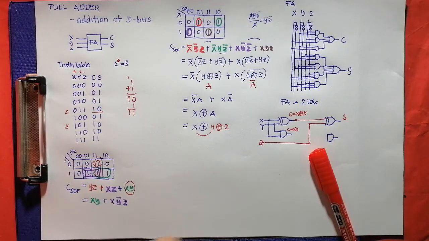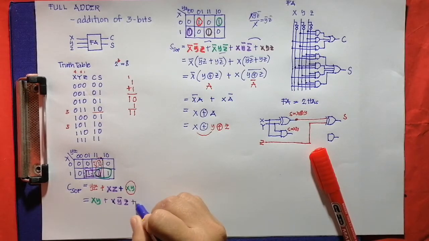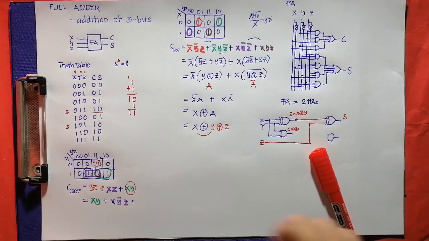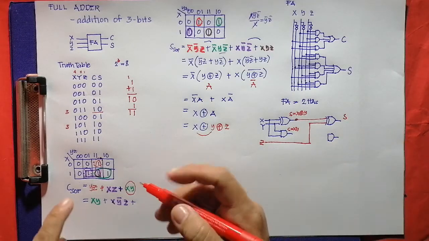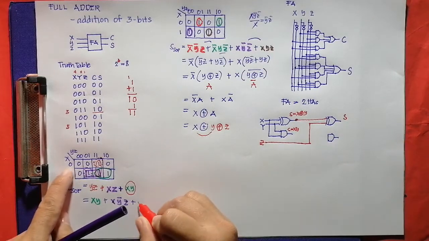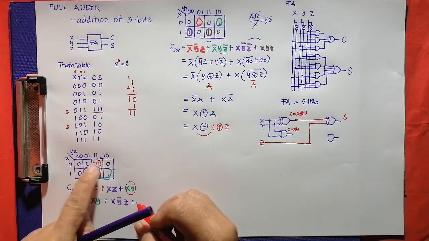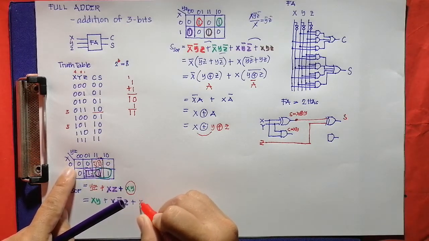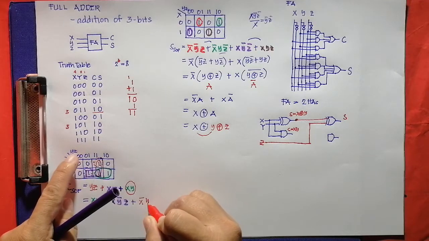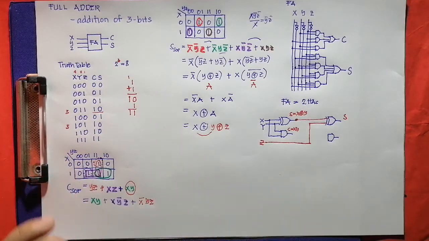Okay. Plus, for the red, we have 0, 1 here as individual or a single group. So 0, we have here not x. 1, 1, we have yz. Then let's apply the laws and theorems.